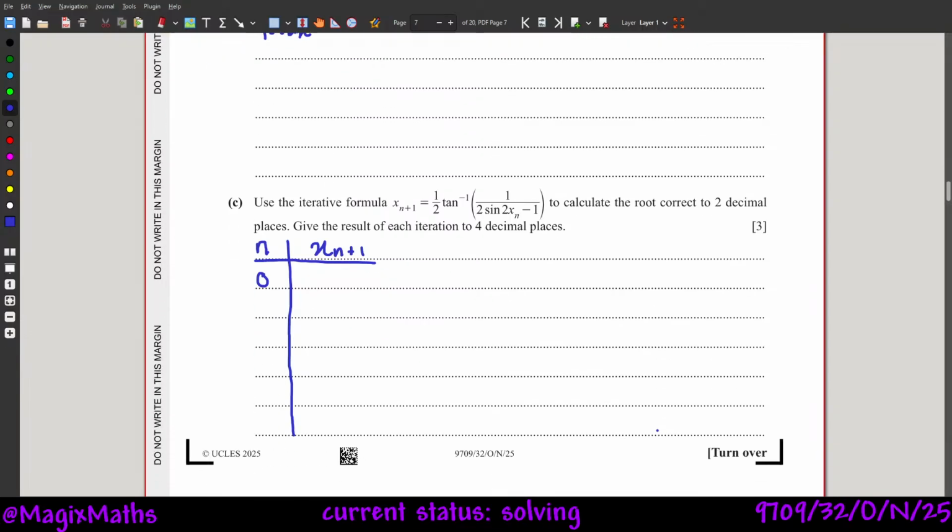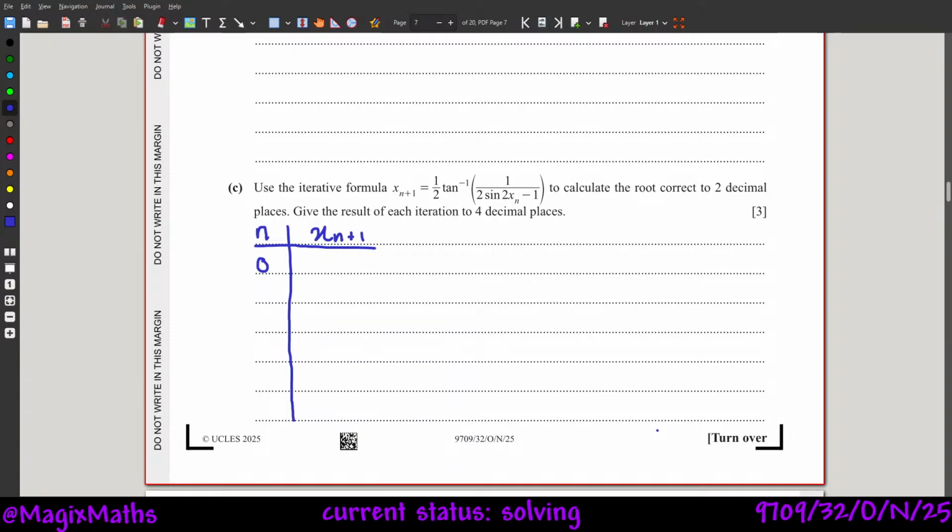So let's just start with the midpoint, 0.5.